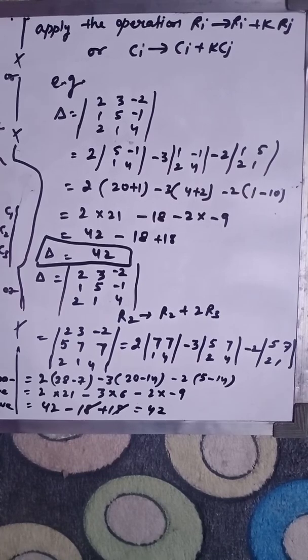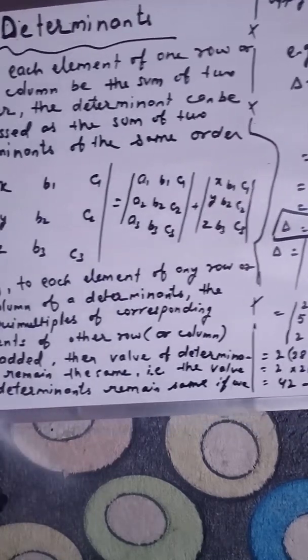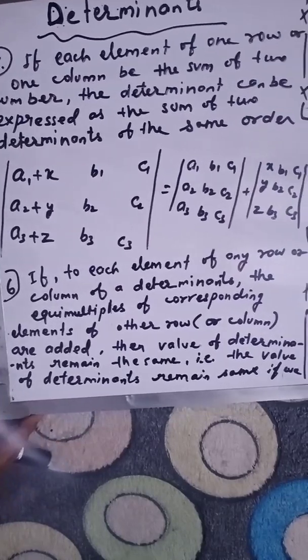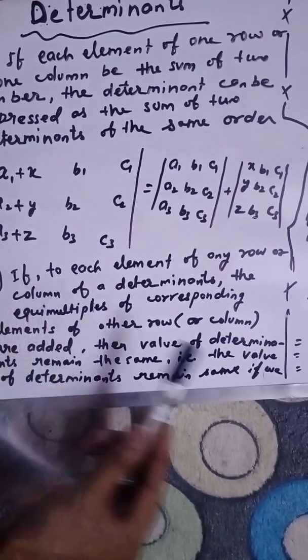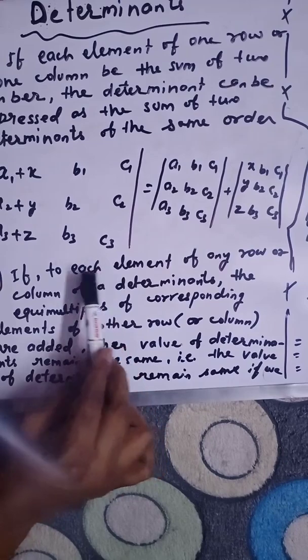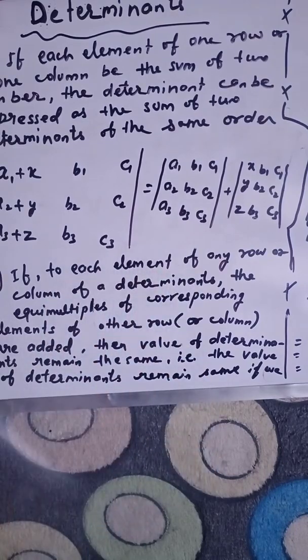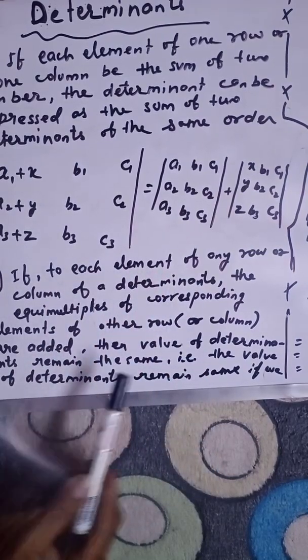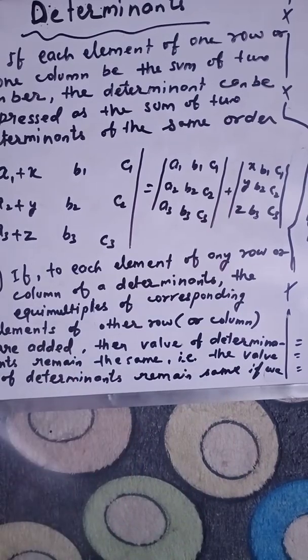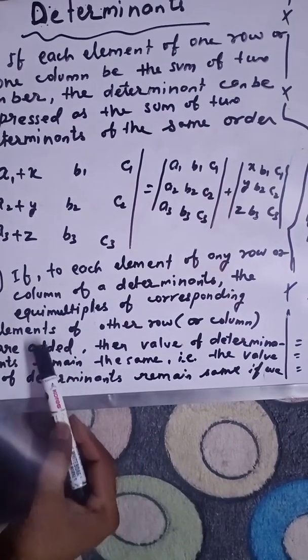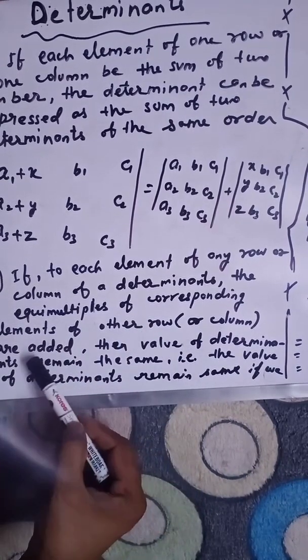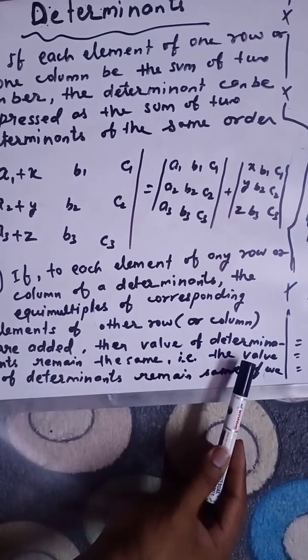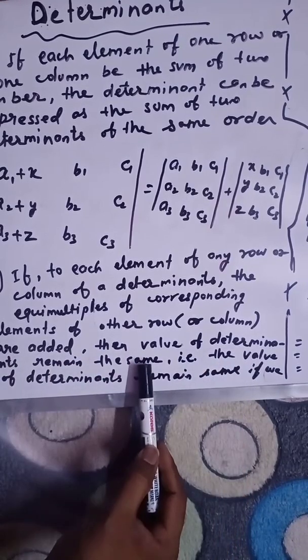Okay. So see here. The statement is actually exactly the same. If to each element of any row or any column of a determinant, the equimultipliers of the corresponding elements of the other row or column are added, then the value of the determinant remains the same.